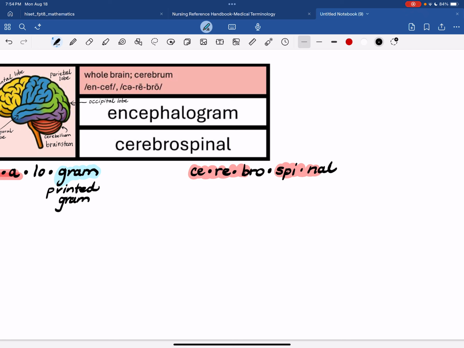So you have the cerebrum, those are the four lobes where thinking occurs, and the spine. So you're looking at the two of those things together. The term that comes to mind is cerebrospinal.